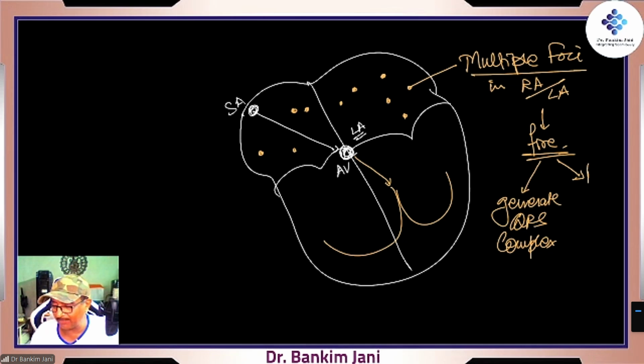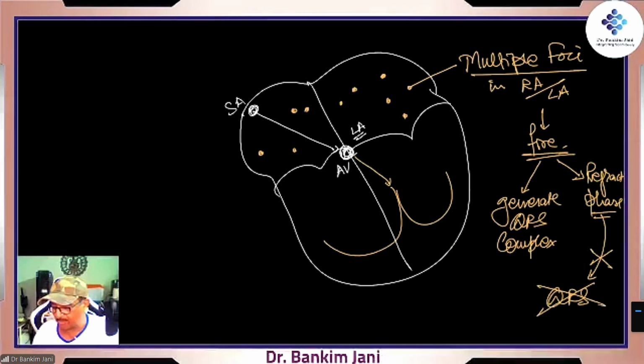Few of the signals were in the refractory phase. Those fired at the refractory phase were not allowed, so there won't be any QRS complex in such a case. This is the reason we have got such irregular waves, because all these waves are nothing but some foci firing from somewhere.